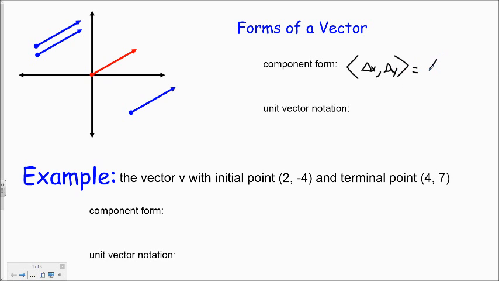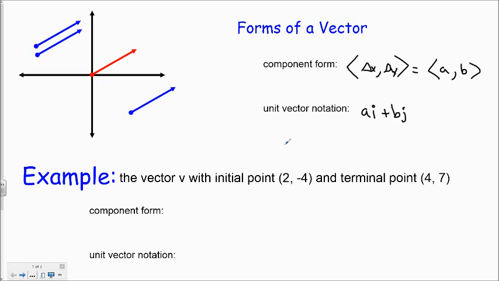For simplicity, I'm just going to call the change in the x values component A and the change in the y values component B. There is also a unit vector notation where we can say that a vector which has components A and B can be represented in unit vector notation as Ai plus Bj.